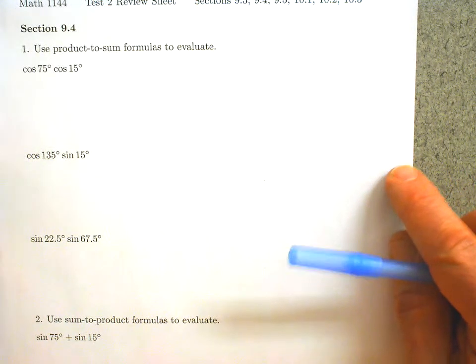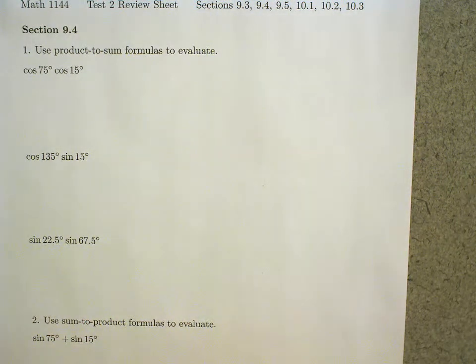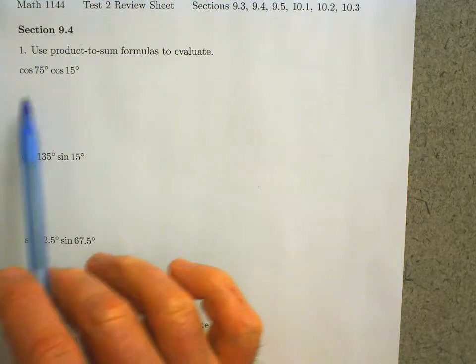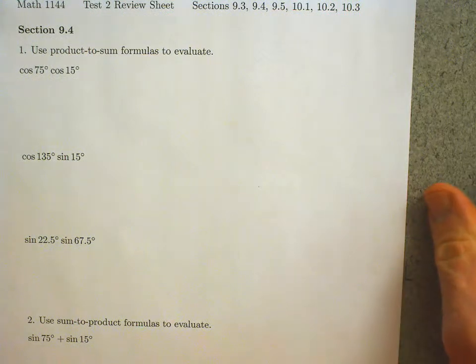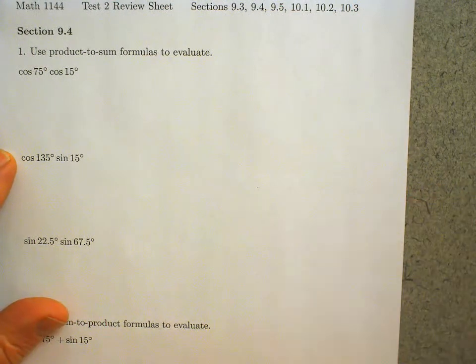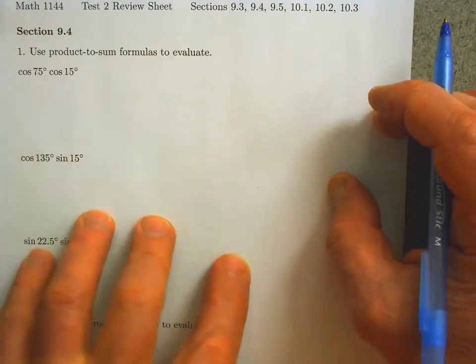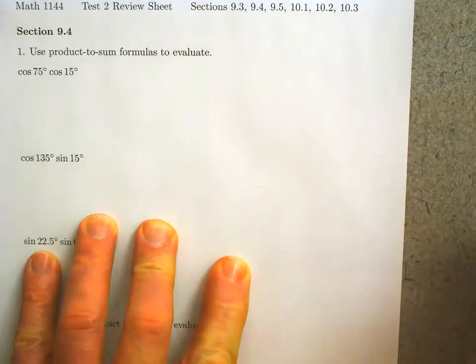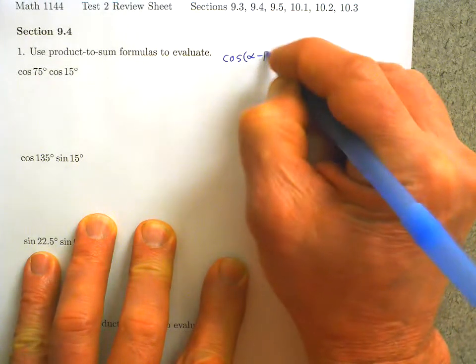From section 9.4, use product to sum formulas to evaluate. So this first one, cosine of 75 degrees times cosine of 15 degrees. Well, I don't remember those formulas, so I have to derive them every time I need them. So in one of the formulas where we see cosine of one angle times cosine of another angle involves cosine of alpha minus beta.